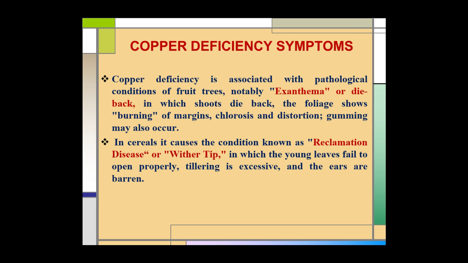In cereals, it causes the condition known as reclamation disease or wither tip. In this disease, the young leaves fail to open properly. Tillering is excessive and the ears are barren or sterile.